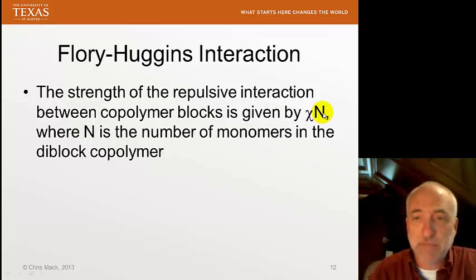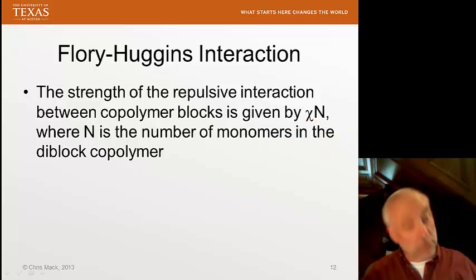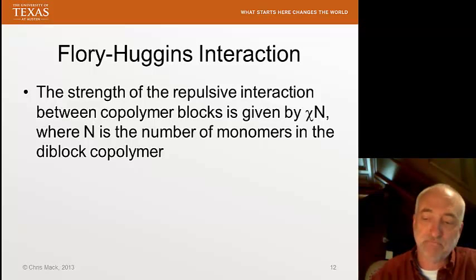So I'll have to take this chi number and multiply it by the number of monomers in the diblock copolymer. And that turns into the total driving force, the total energy of that changing interaction.